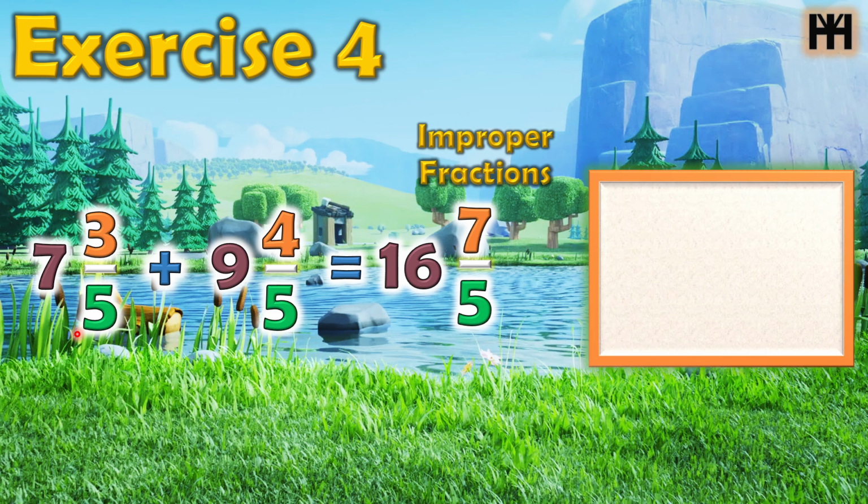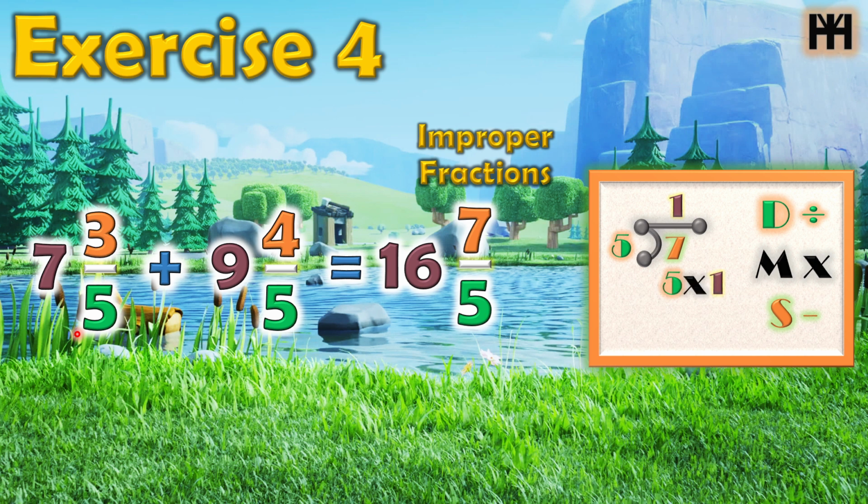So we must turn it into a mixed number. Write the 7 here and the 5 here. So 7 divided by 5, or how many 5s are in 7? The answer is only 1. Then multiply, 5 times 1 is 5. Then the last step is subtract, 7 minus 5 is 2.